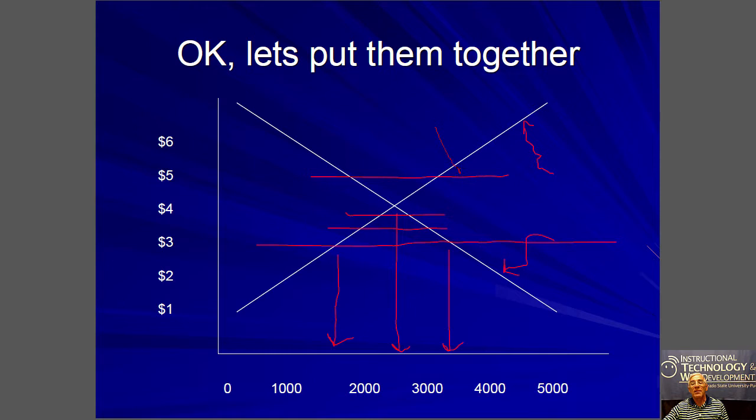So now let's talk about if the price is above the equilibrium point. If the price is above the equilibrium point, the quantity supplied will be a very big number. The quantity demanded at a higher price will be a much lower number. What do we call it when the quantity supplied is higher than the quantity demanded? Now we have a surplus.